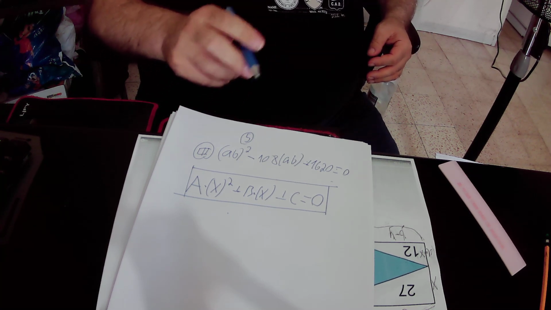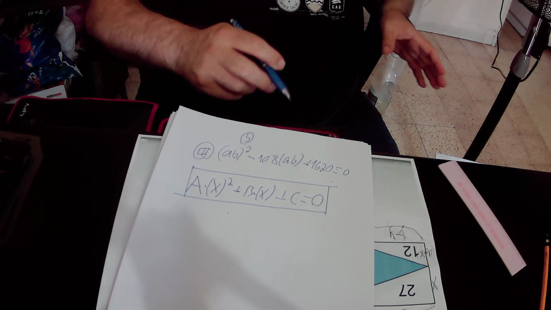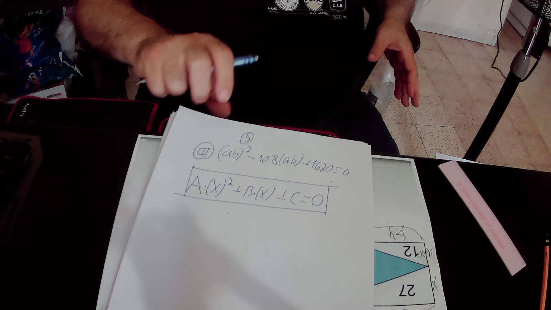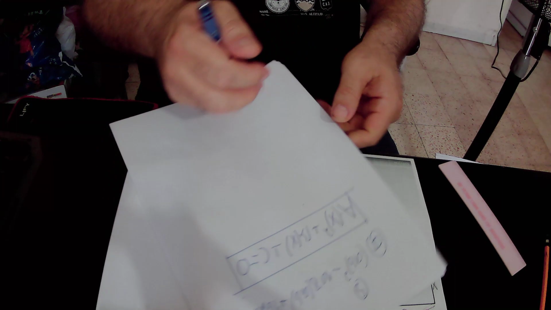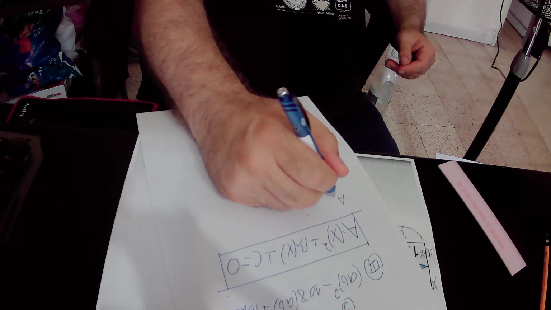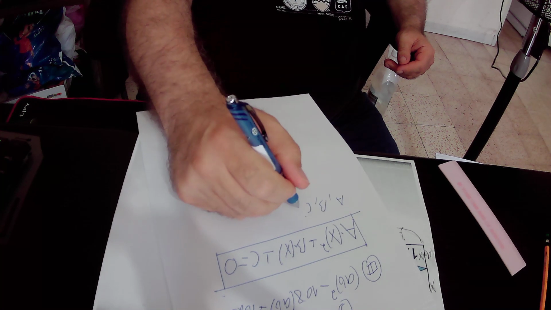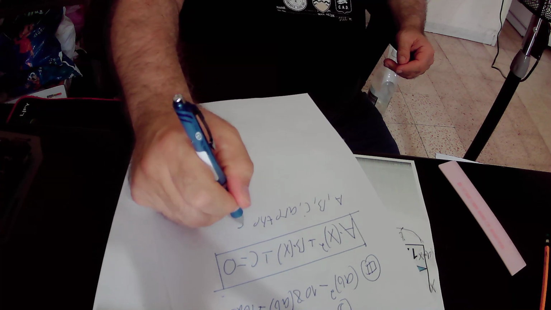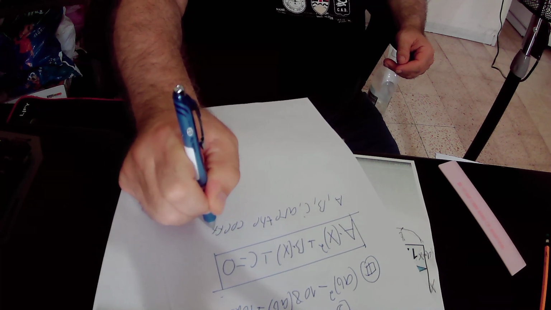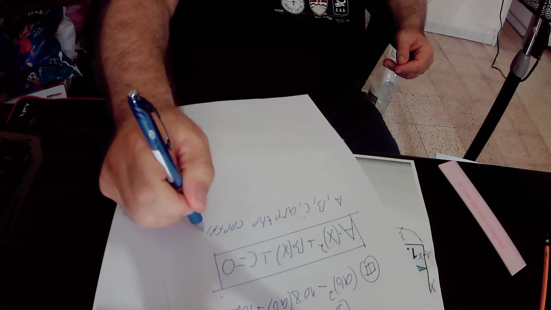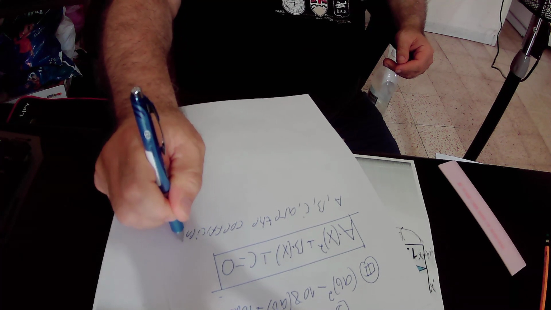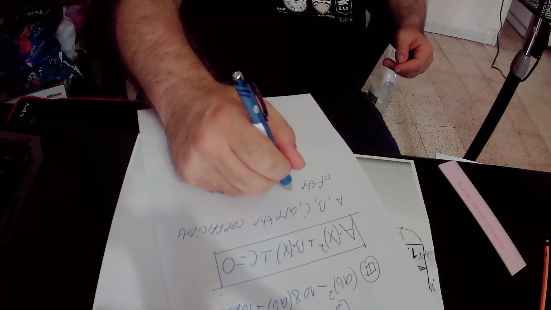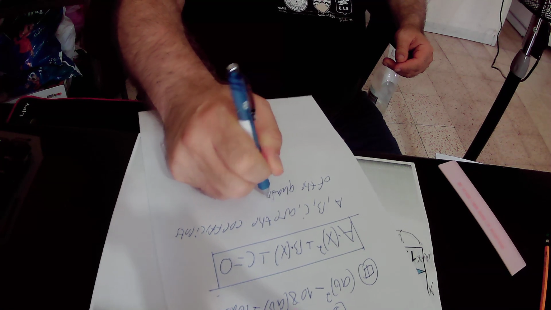And a, b, and c are the coefficients of the quadratic equation. So we write it down. a, b, and c are the coefficients of the quadratic equation.